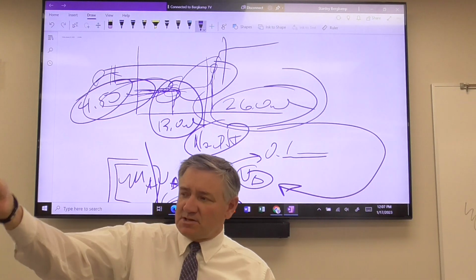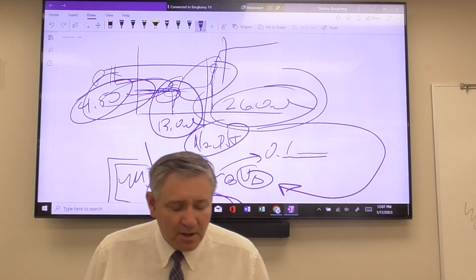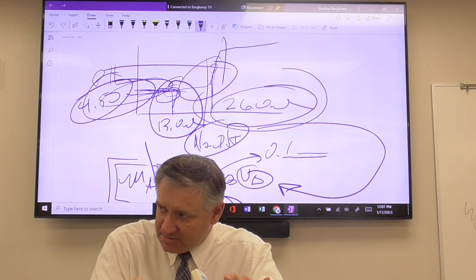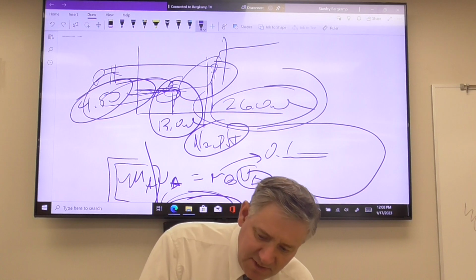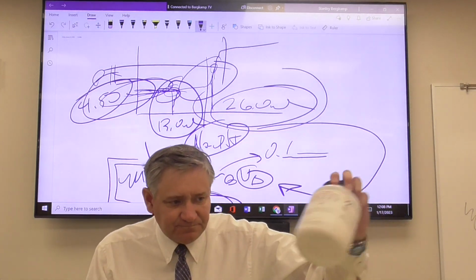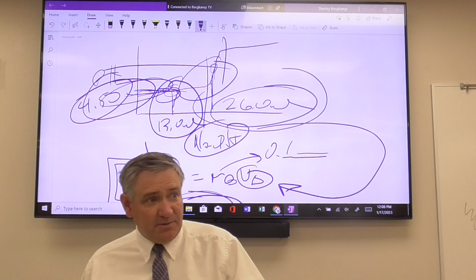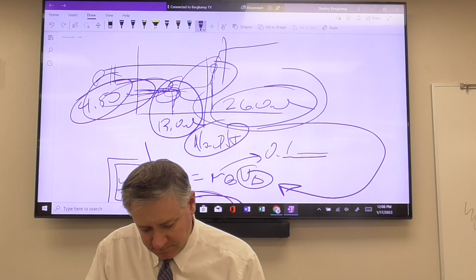Now, let's go back to something that Evan asked about: what's going to happen to pH? So what I have here is 2 beakers of distilled water, and this cheap little pH probe. It's reading about 6.5. To the first one, I'm going to add sodium chloride, otherwise known as salt.